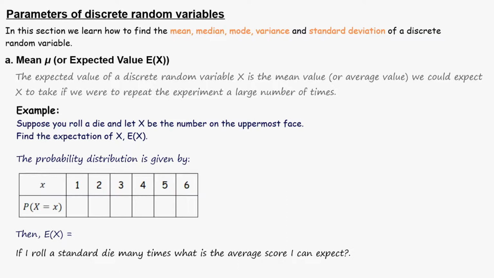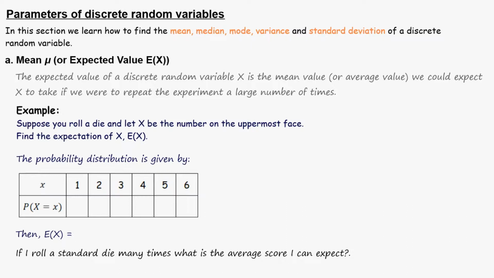So, suppose you roll a die and let x be the number on the uppermost face. Find the expectation of x. So, if I toss a die several times, on average, what value do I expect to get? We can start by filling in this table, the probability distribution of this experiment.